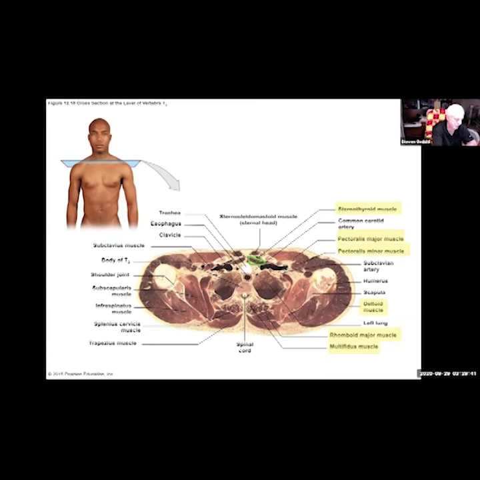Here's the pectoralis minor. Here's the pectoralis major, the larger one there on the outside. The pectoralis major is a major muscle of adduction for the arm. The deltoid muscle is that huge muscle right there. You have a rhomboid major. And your multifidus muscle.